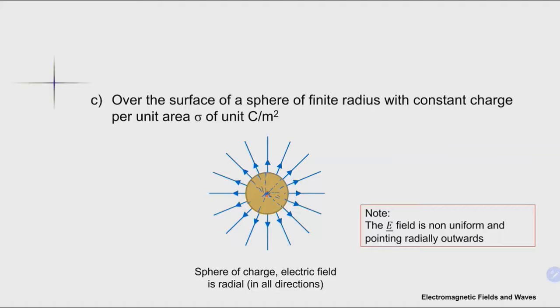I'm not saying that there is electric field inside, but it just projects back to the center of the sphere, as if it is a point charge coming from the center of the sphere. Okay, so that is some distribution of usual, uniform objects.